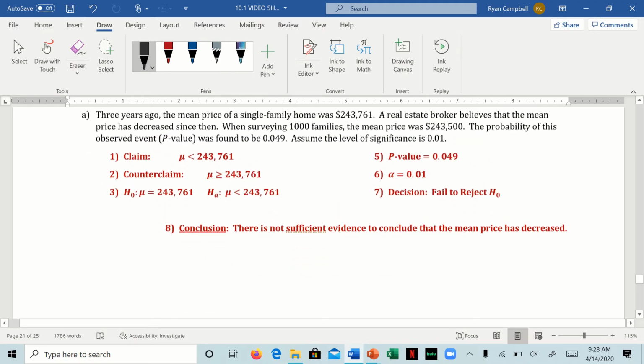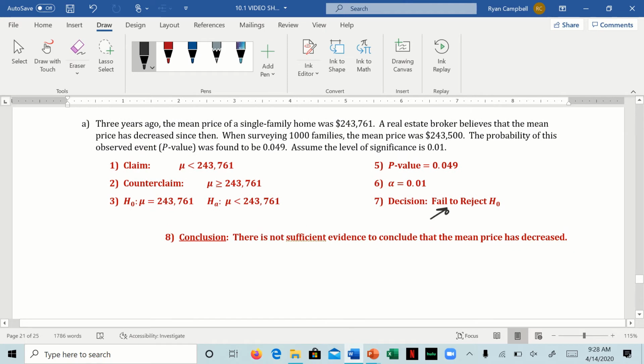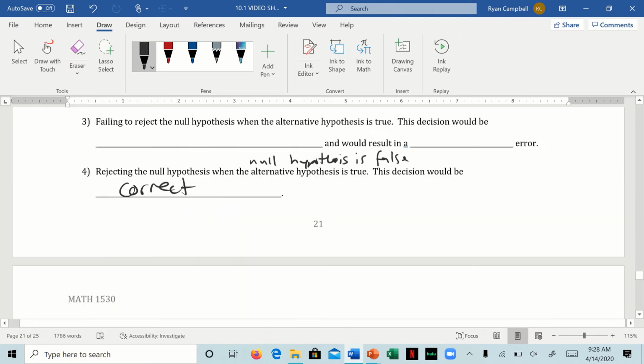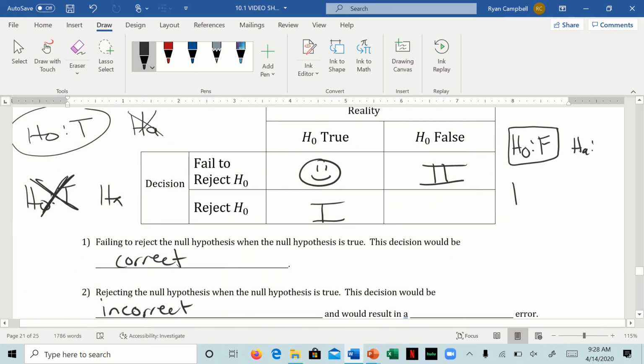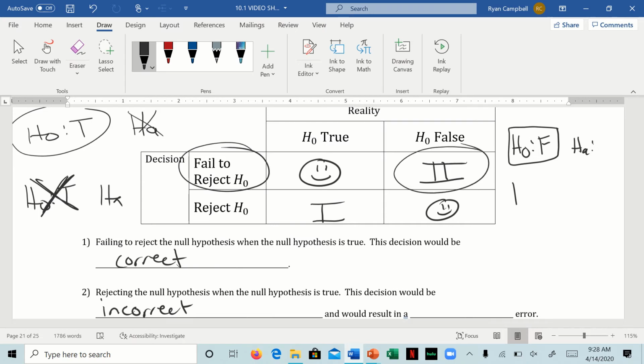All right, so for part A, we failed to reject the null hypothesis, right? We failed to reject. So the potential here, if we go back to our table, is that if we failed to reject, we made a type 2 error, maybe, since we failed to reject.